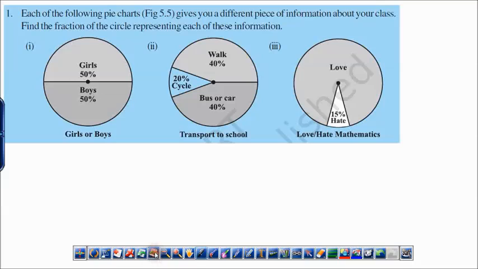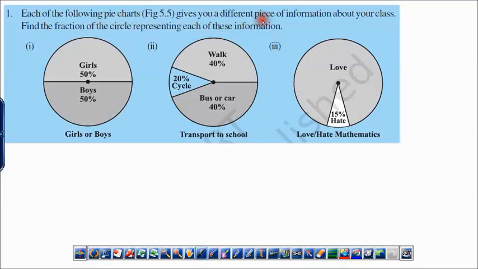But before that, some questions which you will write down in your notebook. You don't have to draw these, you just have to write the question answers if asked. Each of the following pie charts give you a different piece of information about your class.